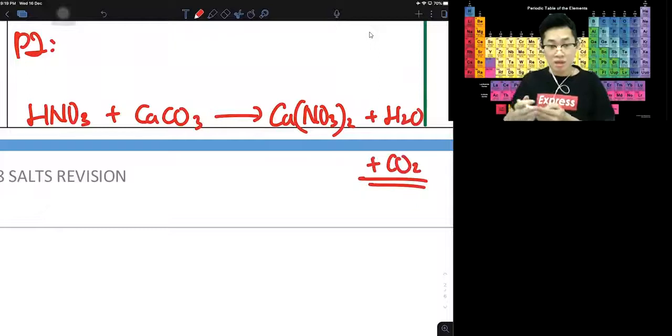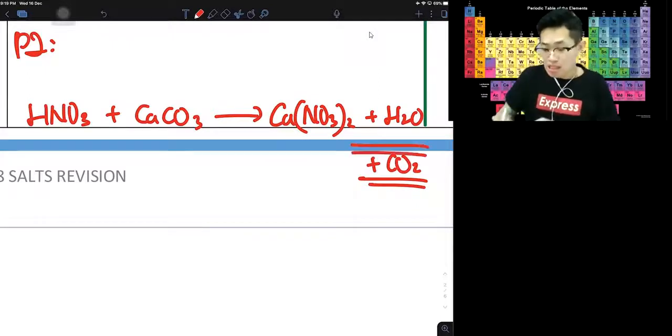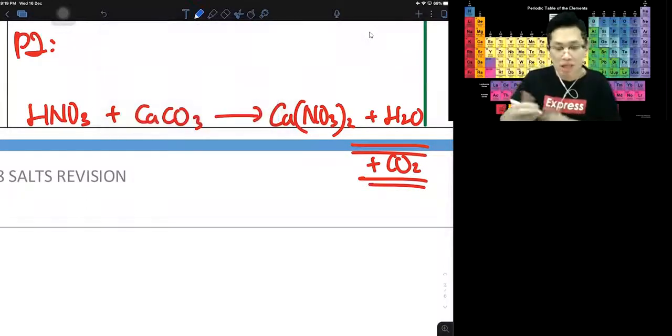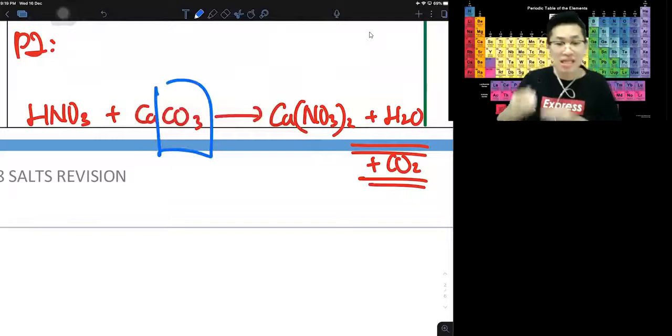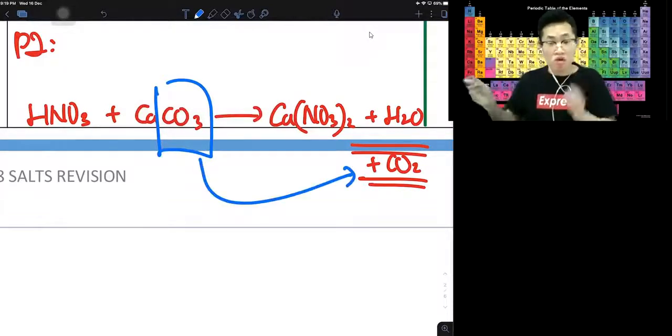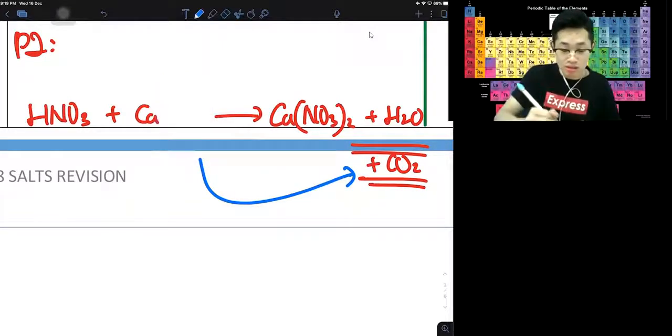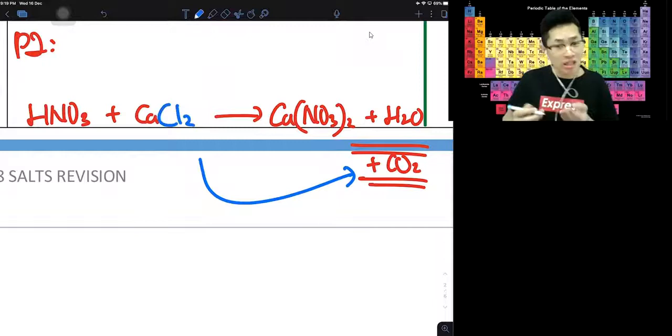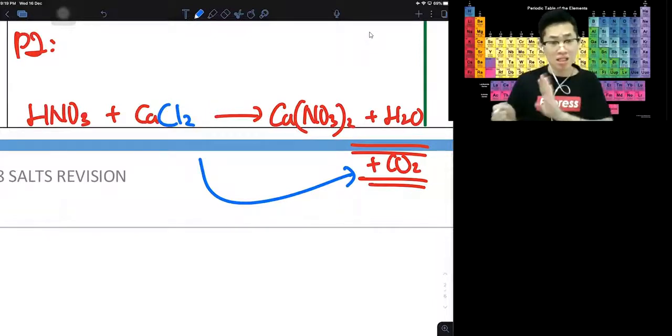Can you see? CO2 is the product that proves the presence of carbonate ion. That means only when your salt has carbonate is it able to produce carbon dioxide. If your salt doesn't have carbonate, for example CaCl2, can it form carbon dioxide? Cannot.